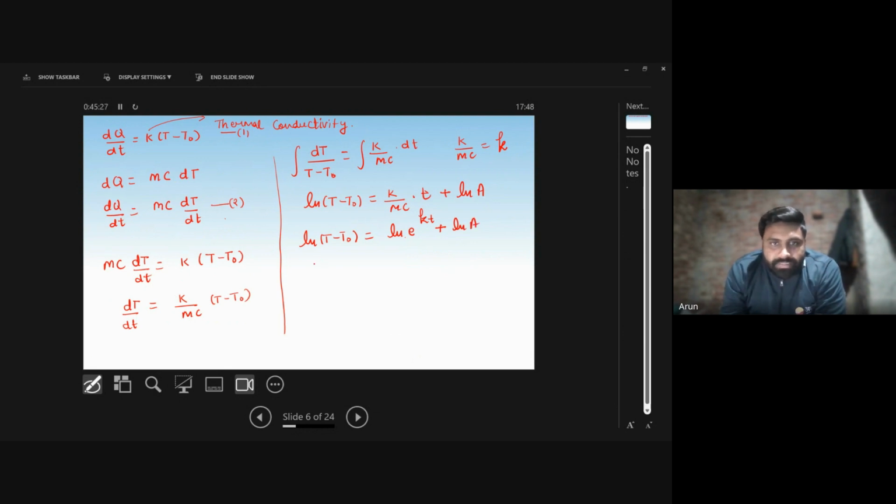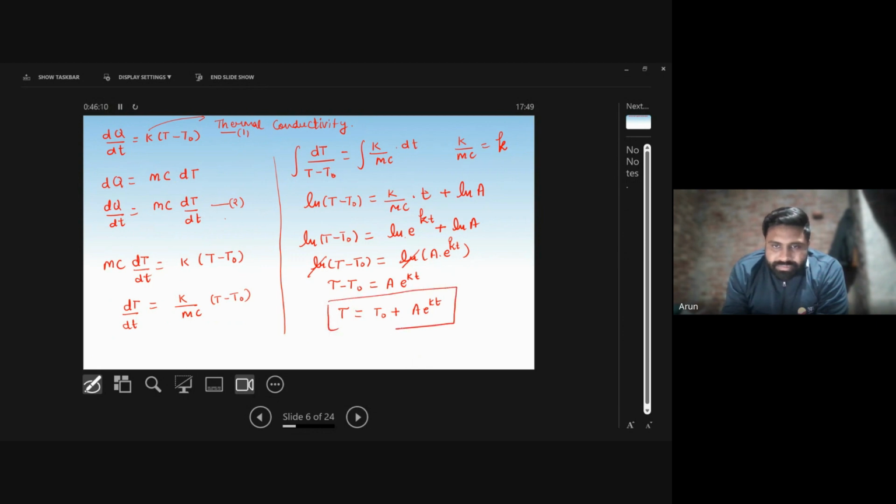Now this will become ln(T minus T naught) equals ln of a into e raised to the power kt, because addition of logarithms results in a product. Now the ln and ln will cancel out, so it will become T minus T naught equals a e raised to the power kt. Now T equals T naught plus a into e raised to the power kt.